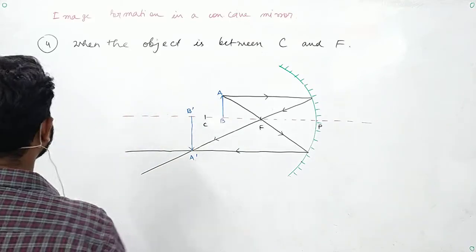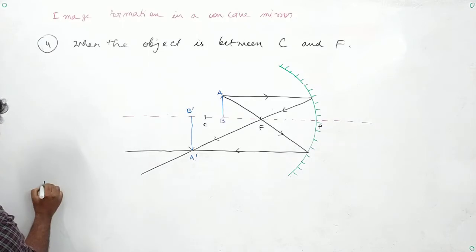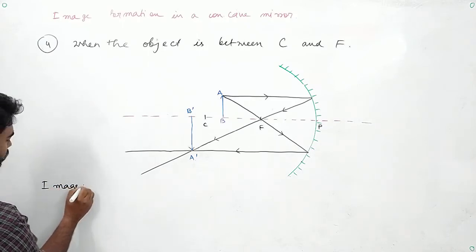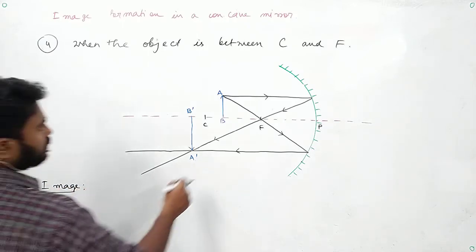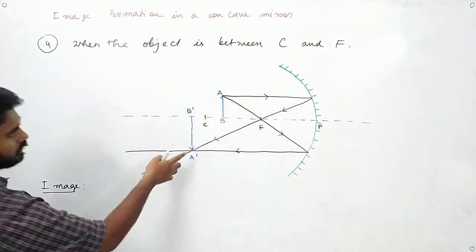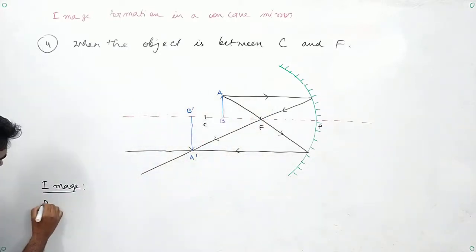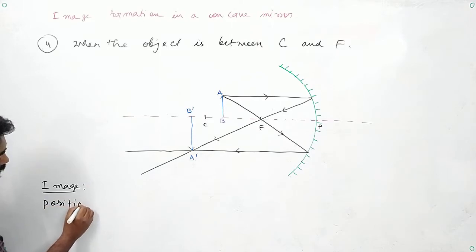Now, properties of the image. First, the position. Where is the image?